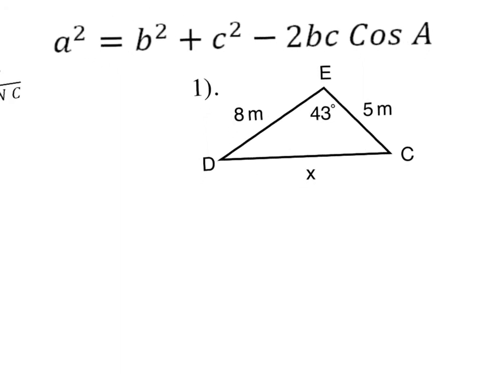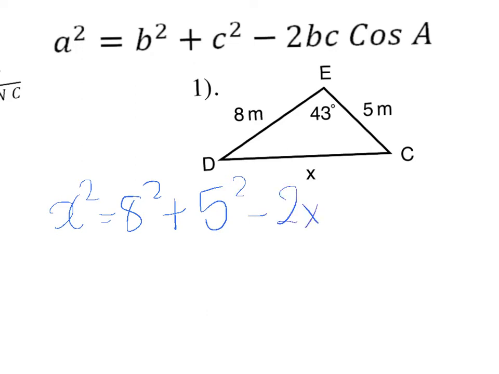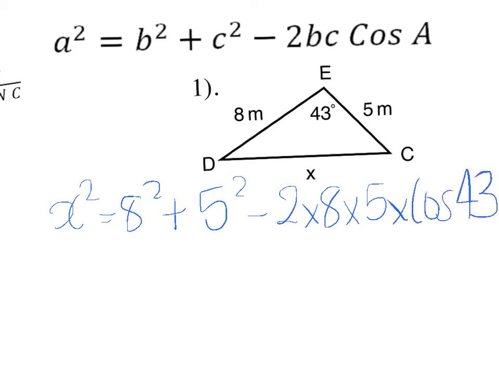Once again, substitute in, and we're going to have x squared equals 8 squared plus 5 squared minus 2 times 8 times 5 times cos 43.